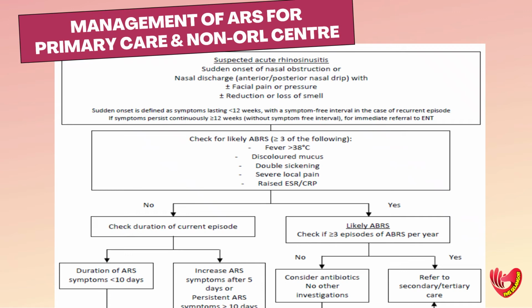Acute bacterial rhinosinusitis, or ABRS, is suspected if three or more of the following are present. Number 1, fever more than 38 degrees Celsius. Number 2, discolored mucus. Number 3, double sickening. Number 4, severe local pain. And number 5, raised ESR and CRP.